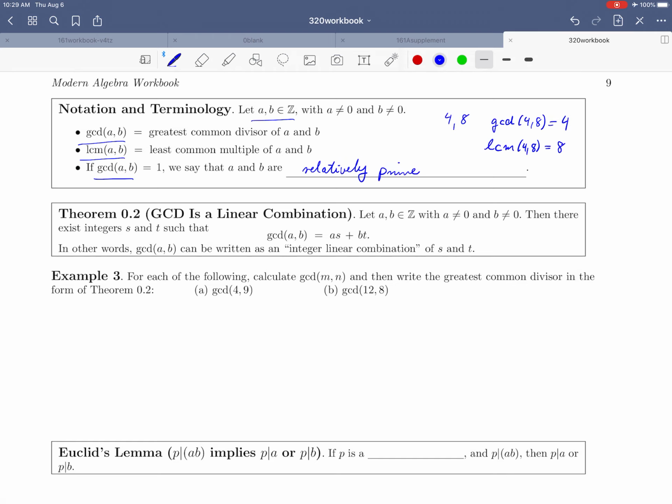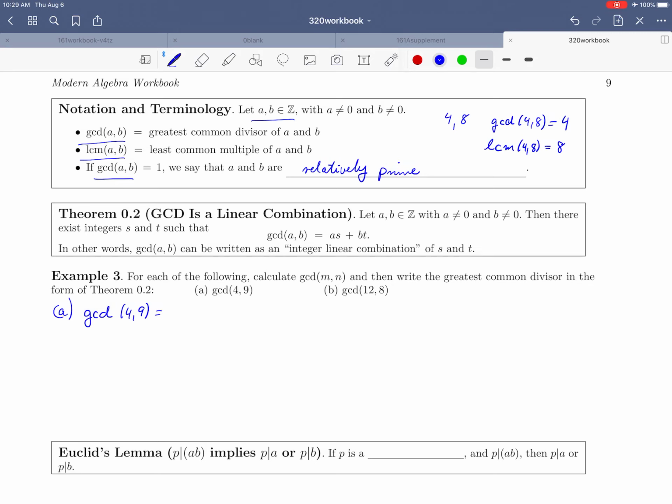Let's look at a few more examples of the GCD before we look at theorem 0.2 to illustrate what we want to look at. So for part A, what is the GCD of 4 and 9? Well, they don't have anything in common.